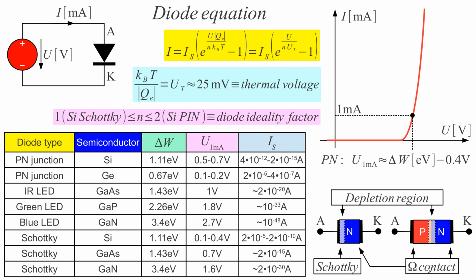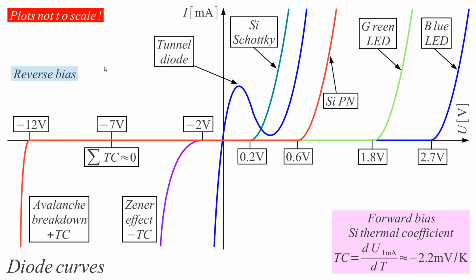It's positive and the N doped region is negative. This is actually forward bias: plus to the anode and minus to the cathode of our diode. Of course, diodes may also have some behavior with reverse bias, with the polarity of the power supply reversed.